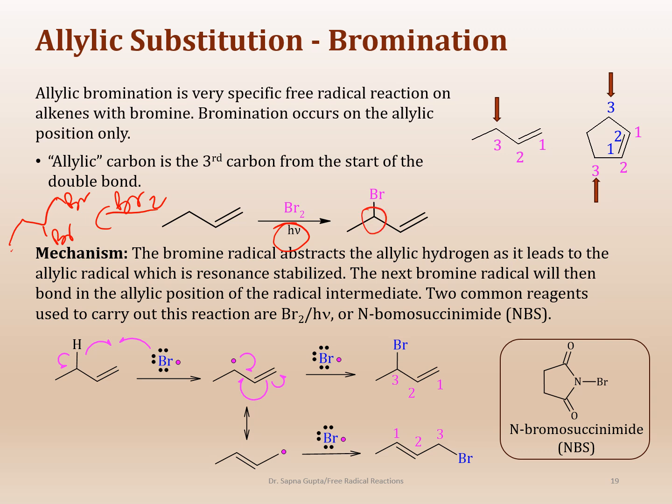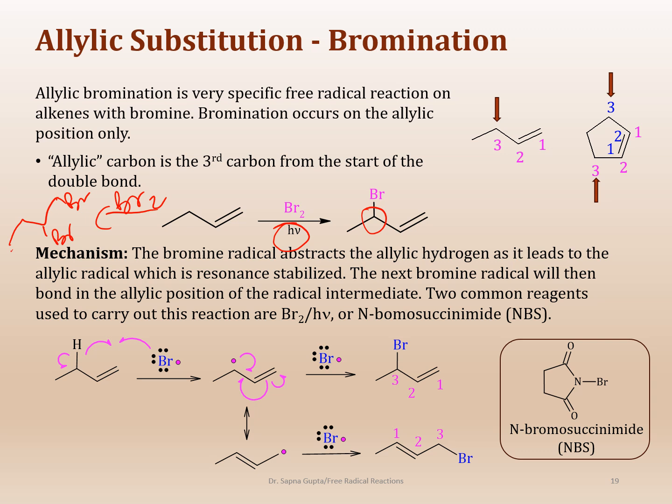So remember, these conditions make such a huge difference. Just like we talked about in the previous slide with the HBr, adding HBr just like that will give you Markovnikov, but HBr with free radical mechanism gives you anti-Markovnikov. So similarly here also, all your conditions are going to make a big difference in what you're trying to make.